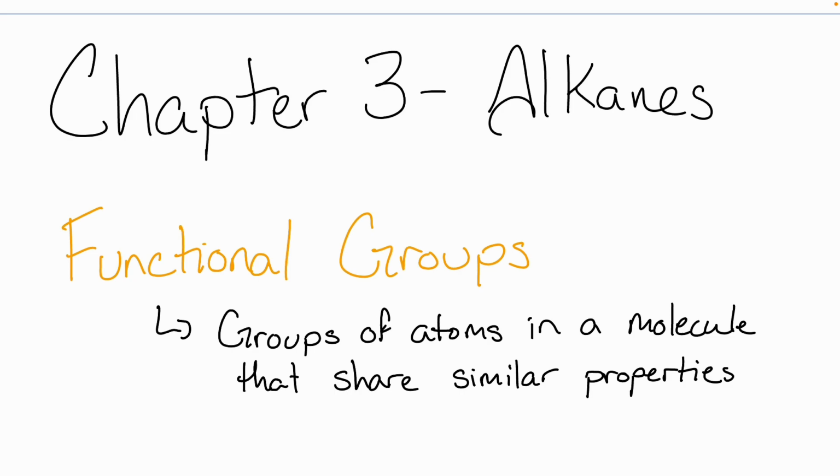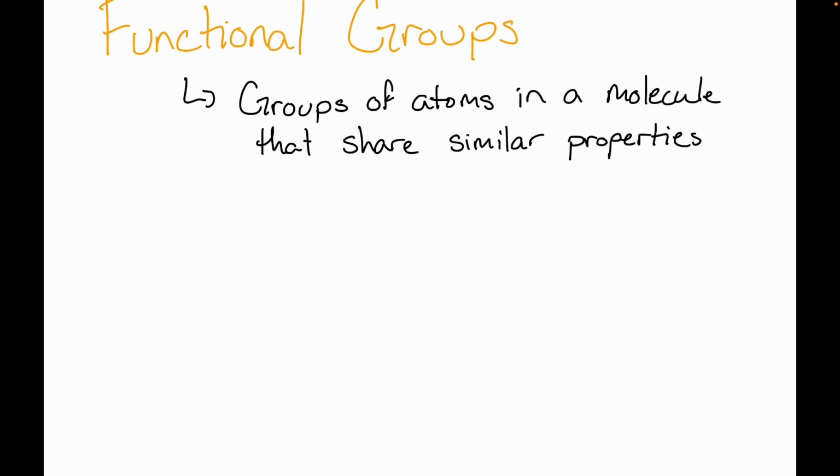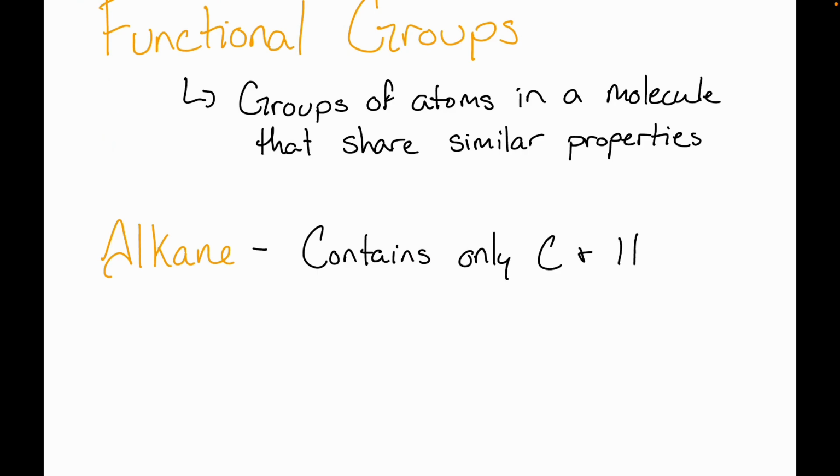All right, so our first functional group is the topic of this chapter, alkanes. An alkane contains only carbon and hydrogen and has all single bonds.